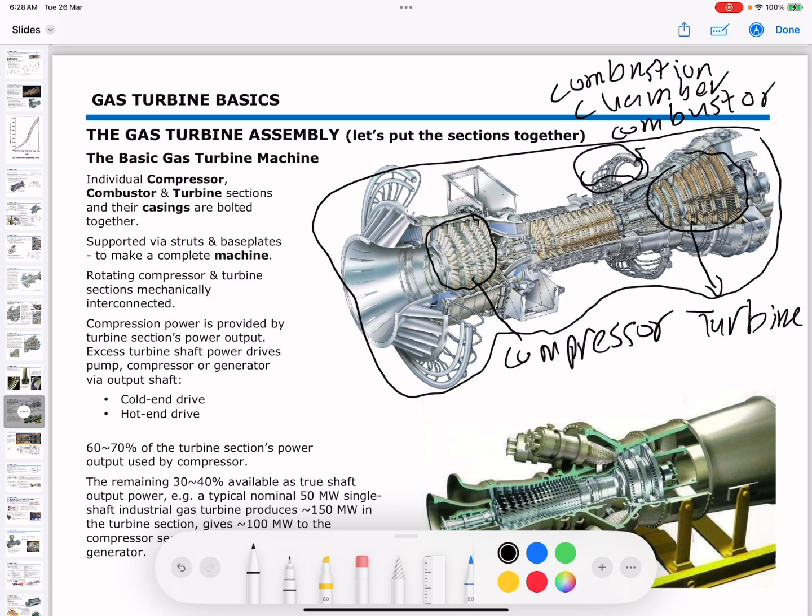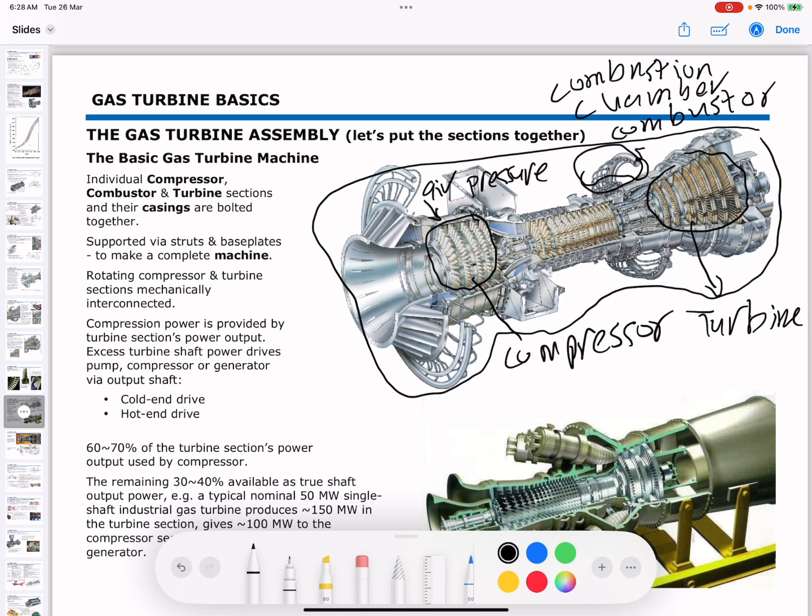The gas turbine is a complex system comprising several vital components, each playing an important role in generating power. The compressor is responsible for drawing in ambient air and compressing it to high pressure. So air goes in, then pressure is applied to it.